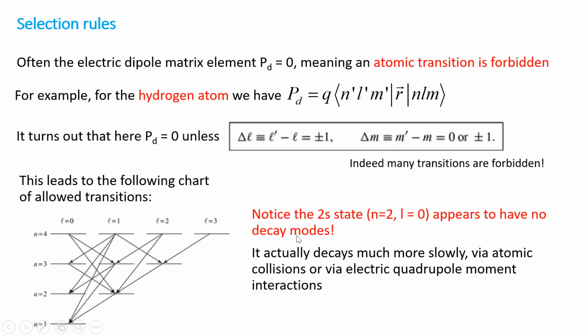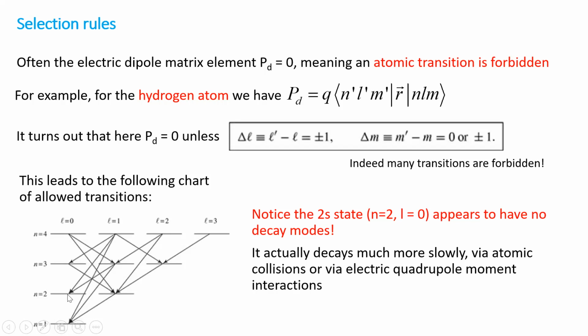Notice, very interesting, the 2s state. So this N equal 2, L equals 0 state right here. It appears to have no decay modes. Notice it's the only excited state that has no arrows coming out of it. And that's because it has to go downwards.